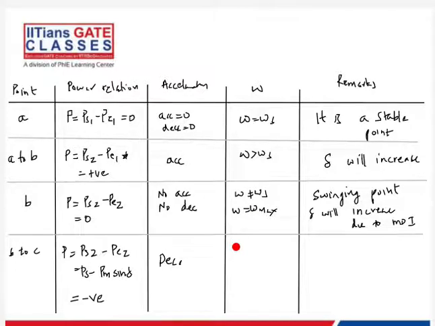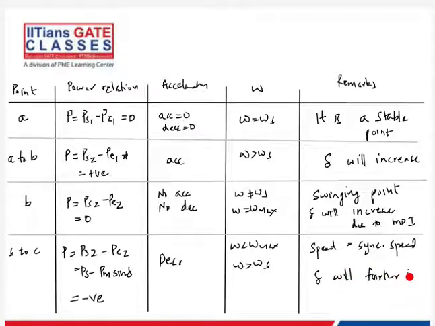So omega now is going to be less than omega max, but omega will still be greater than omega s. So there is a deceleration, but speed is greater than synchronous speed. So delta will further increase, right? Can I move on to the next slide?